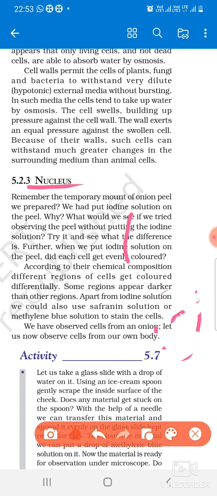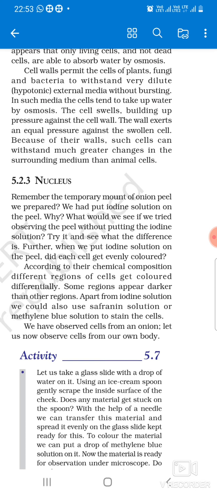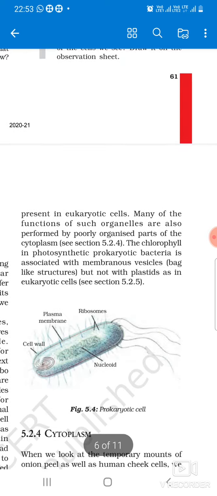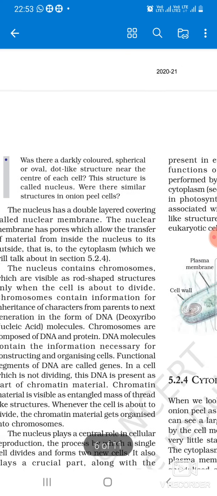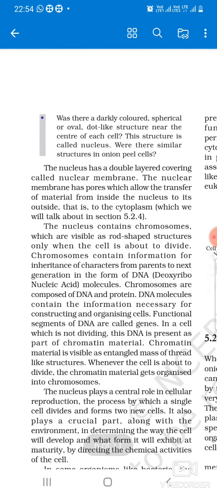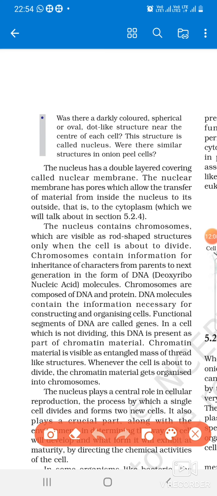Now we will discuss what the nucleus of the cell is. The nucleus is the control center of the cell. And the nucleus has a double membrane. Look here, the nucleus has a double-layered covering called the nuclear membrane.